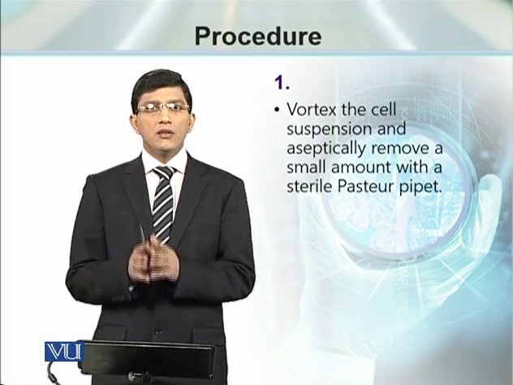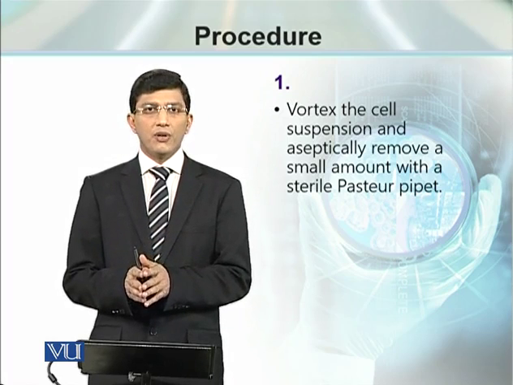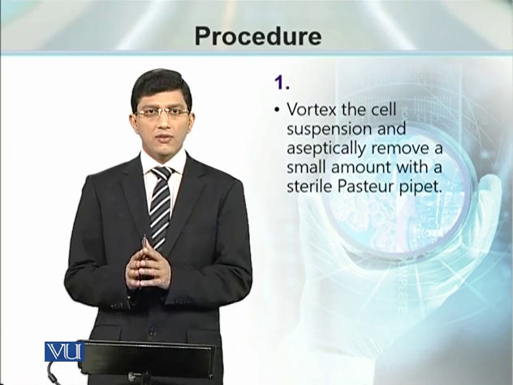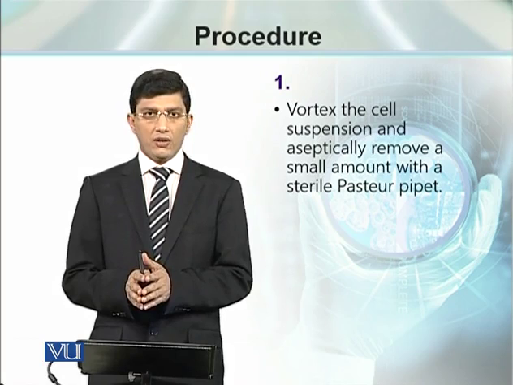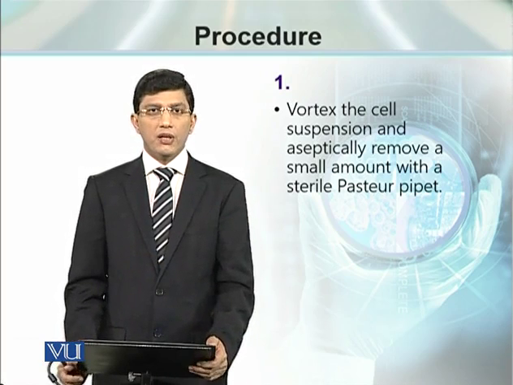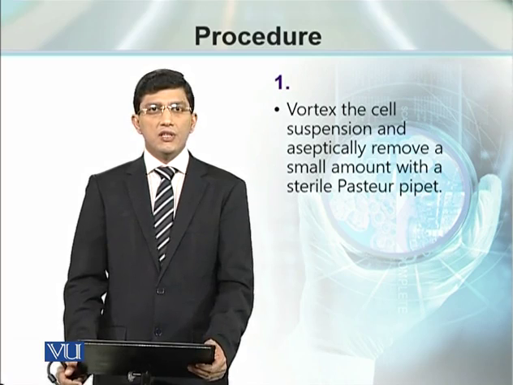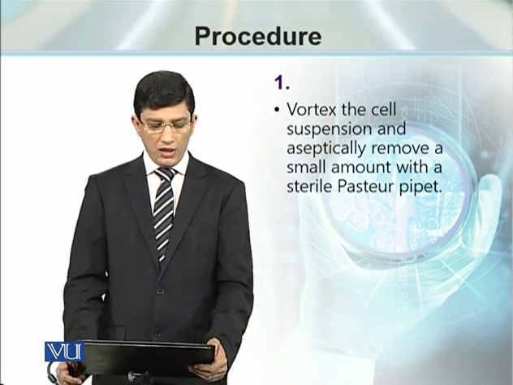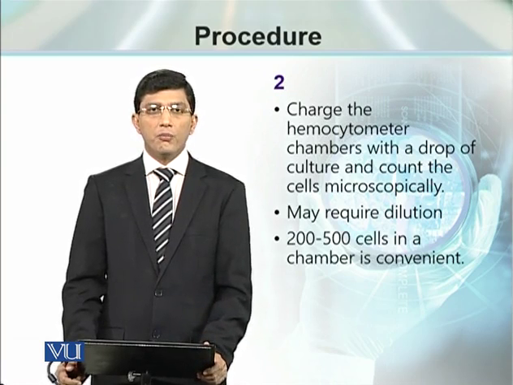And to make this mixture homogeneous, before taking the sample, we have to mix the suspension through vortex mixing. Once you vortex mix the sample, the cells are distributed evenly, and keeping in view these sterile aseptic conditions, you need to take some culture using Pasteur pipette.